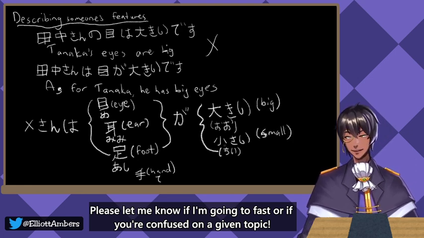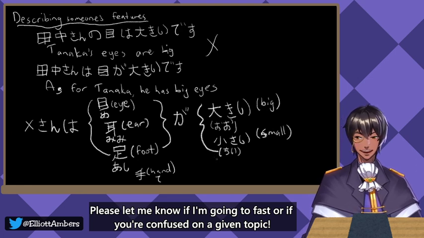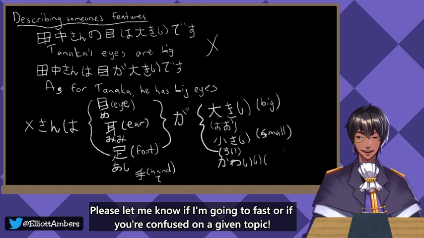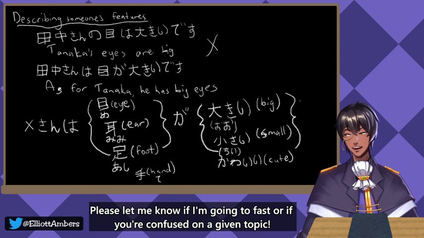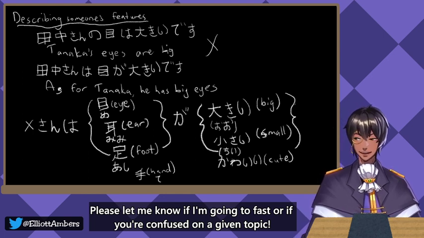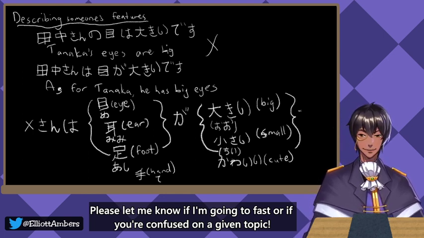We could say something like kawaii, which we don't have the kanji for, because we don't really use a kanji for this one. Kawaii. Everyone knows this one. Cute. And these are just some examples of modifiers here. And we would end it with this.